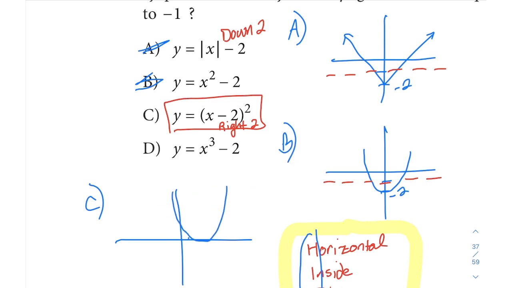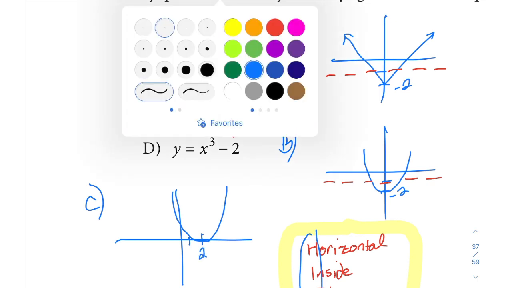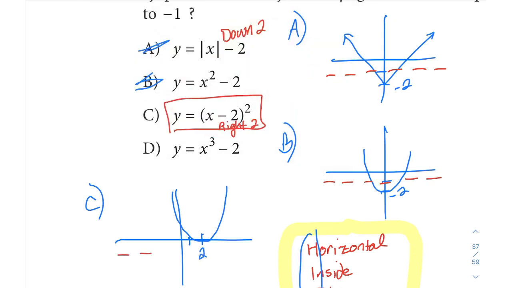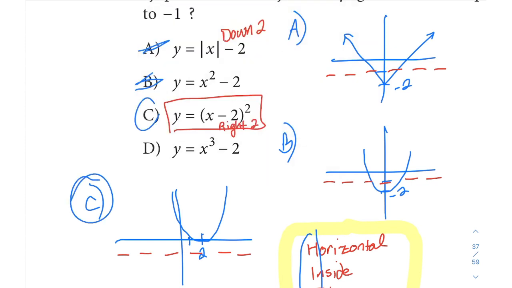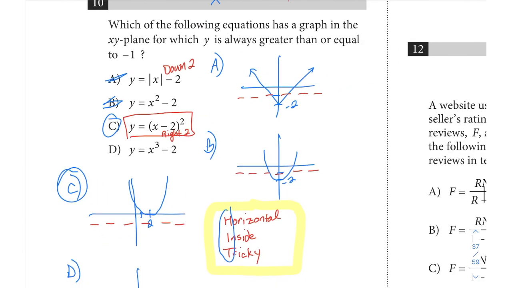So you would have a parabola that crosses the x-axis at 2. And if we look here, put in that horizontal line at y equals -1, we can see that our graph does stay above that line for the entire graph, which means that C is in fact going to be our correct answer choice here. That shows values for y that are always greater than or equal to -1.